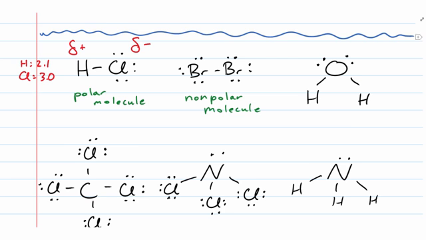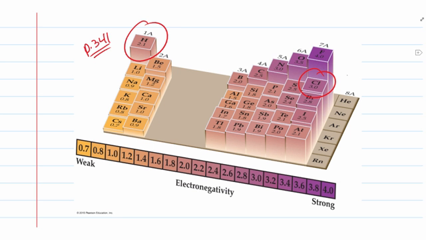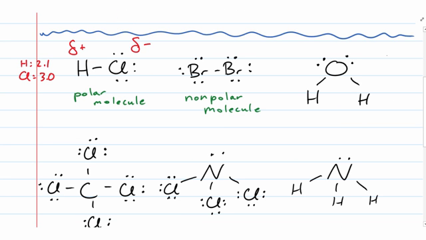Well, then we go to H2O. We look up the electronegativity for hydrogen and for oxygen. We see hydrogen here at 2.1, oxygen sits here at 3.5. So again, hydrogen sits at 2.1, oxygen sits at 3.5. Now of course this time, we have two bonds that are in there.